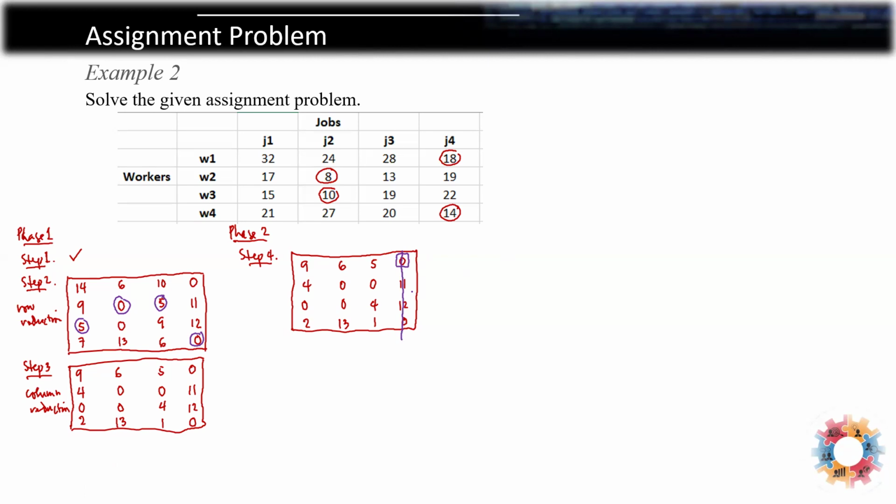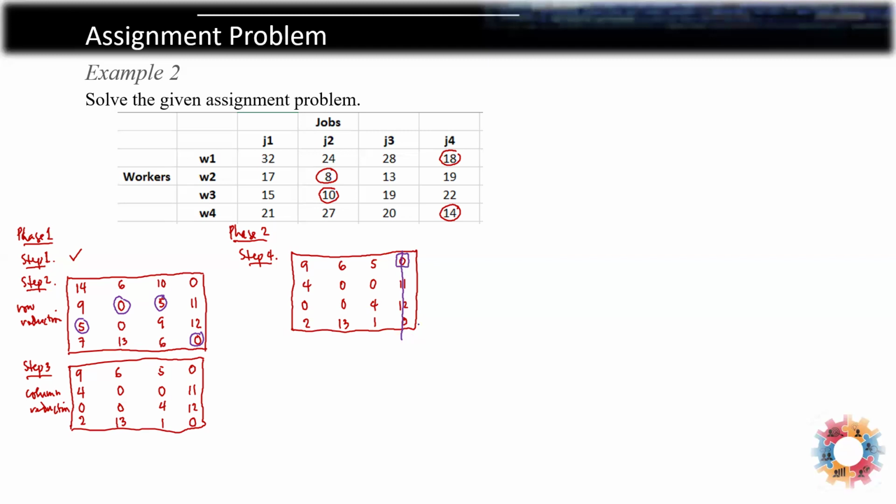And you proceed to the second row. Now, in the second row, you have 2 zeros, so you skip this, because the condition is there should only be 1 zero in that row. So skip row 2. Let's proceed to row 3. Again, in row 3, you have 2 zeros, so skip that. What about in row 4?